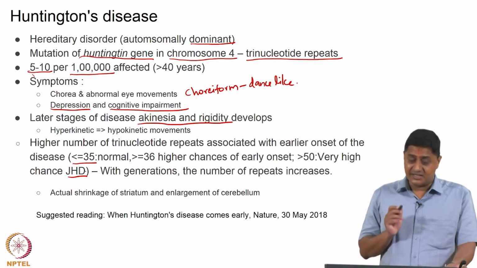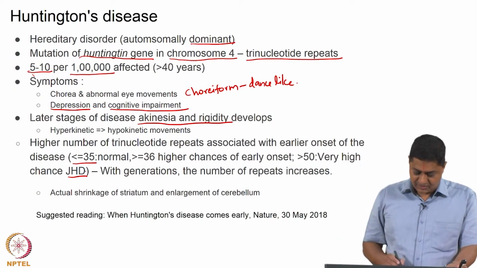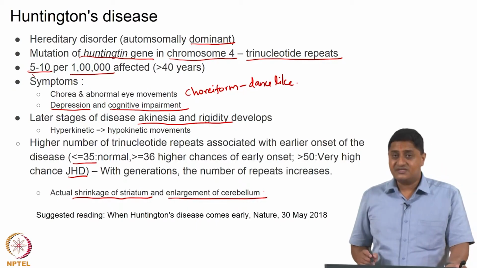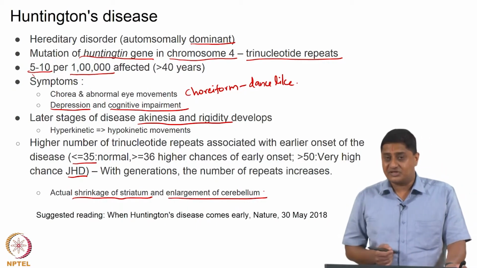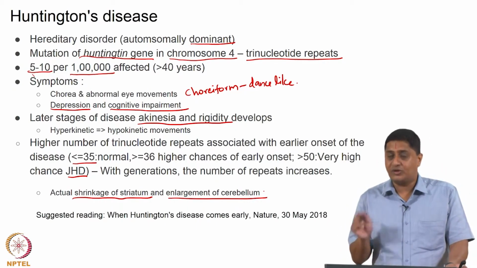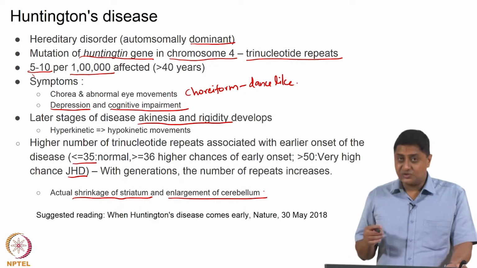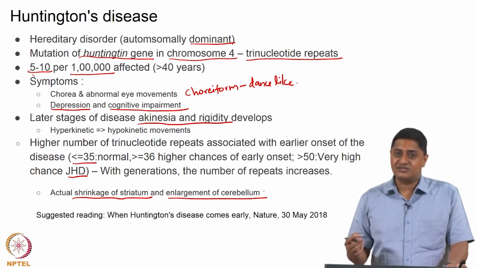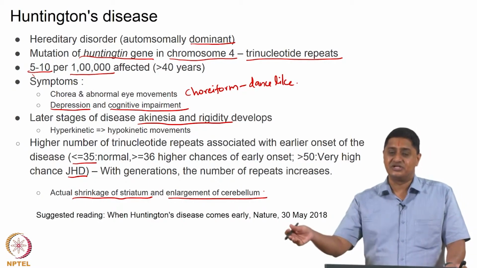And in children with JHD, it turns out that there is an actual shrinkage of striatum and an enlargement of cerebellum. This is an adaptation due to pathology. This leads to a situation where this child does not go through the choreiform stage and directly reaches rigidity.